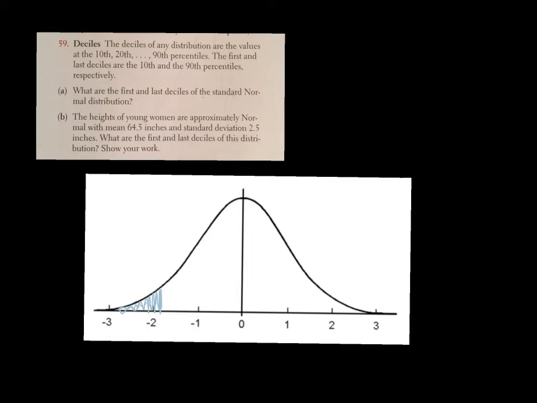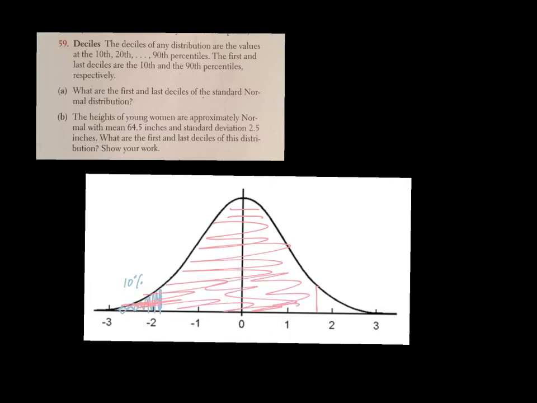And then if I shade in a different color all the way up to the 90th, all of this here would be the 90th percentile. It wants to know exactly what this z-score is here and what the z-score is here.